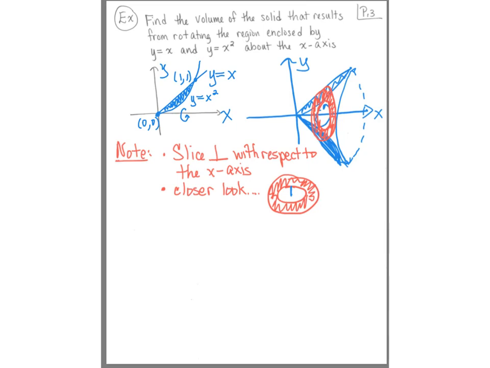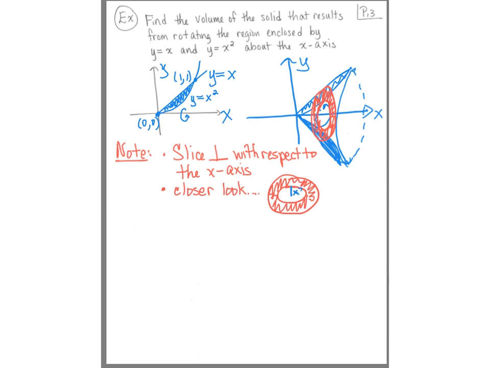What's your inner radius given by? If we look back at our diagram after rotating about the x-axis, this inner circle is formed by the curve y equals x squared. So your inner radius is x squared.